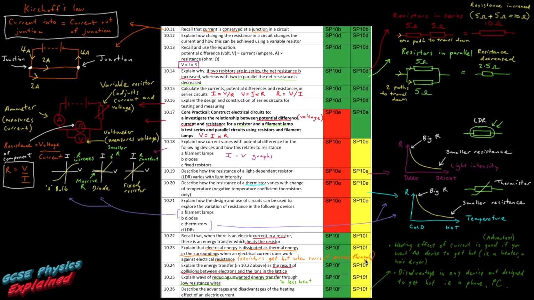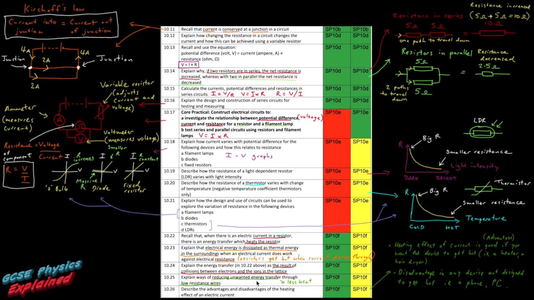Now, every time there's a little collision between the electrons and the ions, there's a little bit of friction, and the friction causes heat. So that's why the resistors heat up. I've got a nice little video all to do with that. If you want to watch it, I'll put a link at the top of the screen.